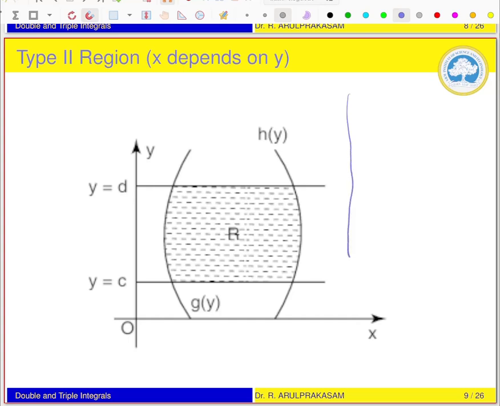Here y is equal to c, a line parallel to the x-axis, and y is equal to d. It is x as a function of y and x as a function of y. These two curves and these lines cover the area that is our region. How do I evaluate this region value? That is the double integral.